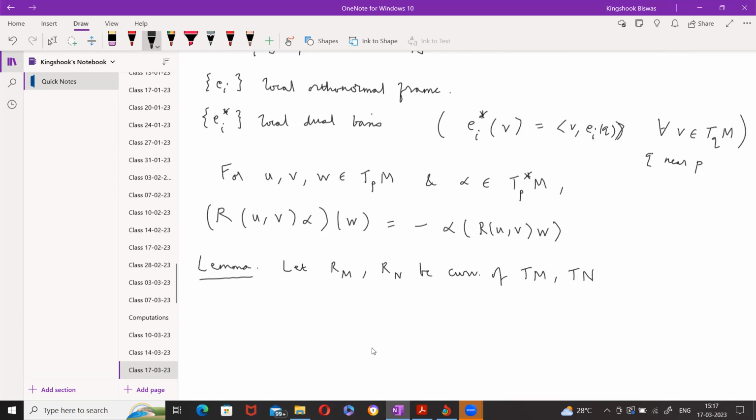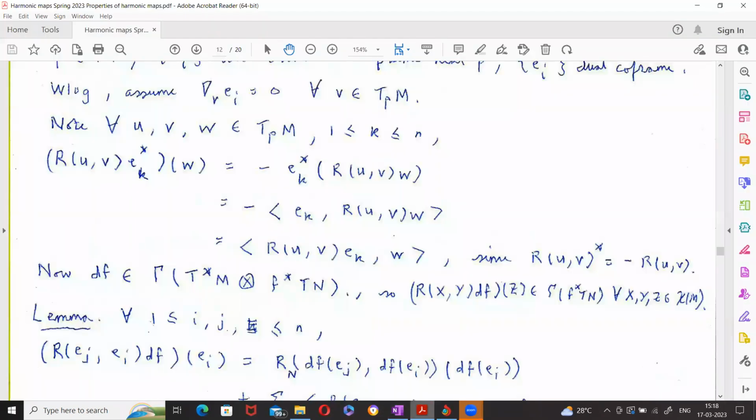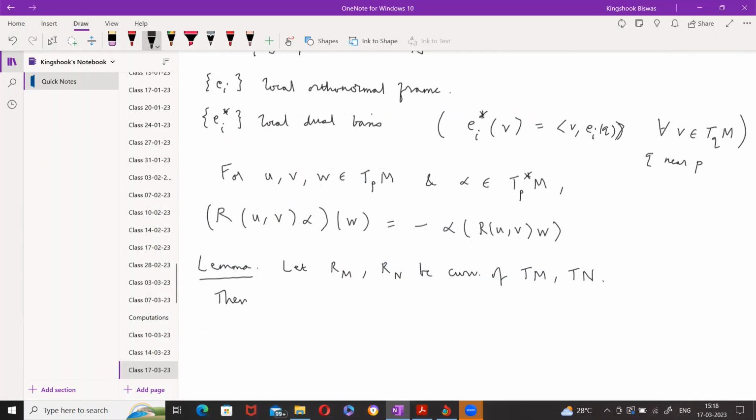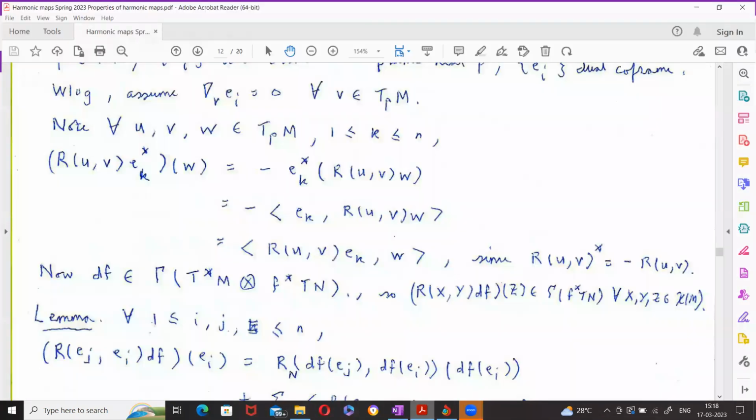Then if I look at R of E_j, E_i, I want this to act on df, and then this I will act on E_i.